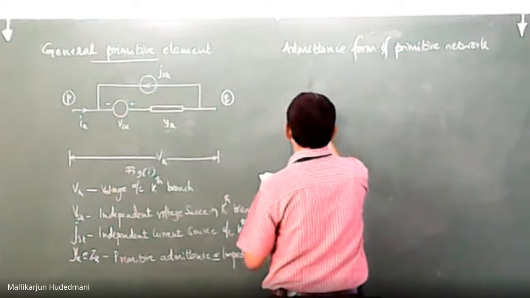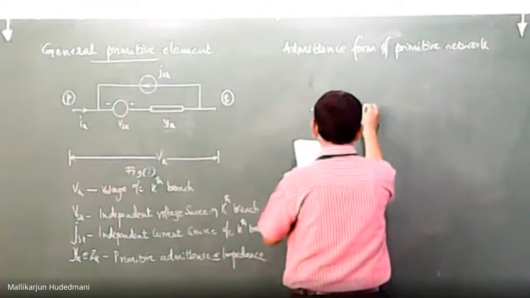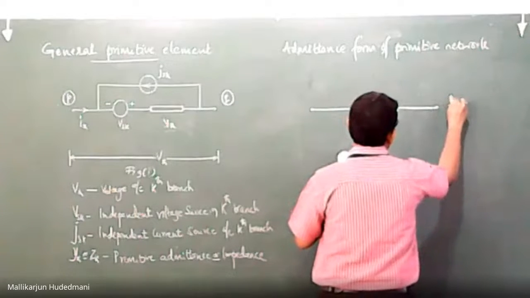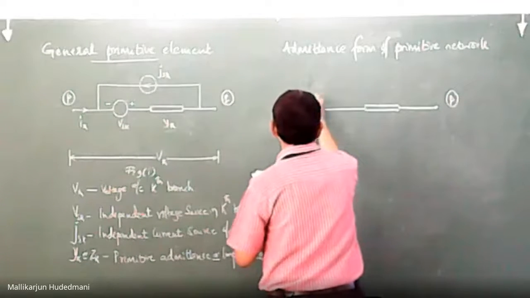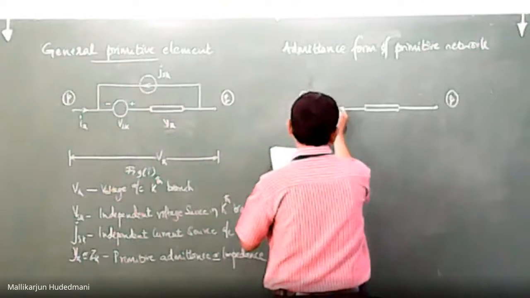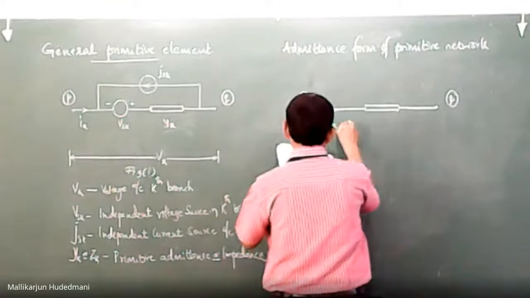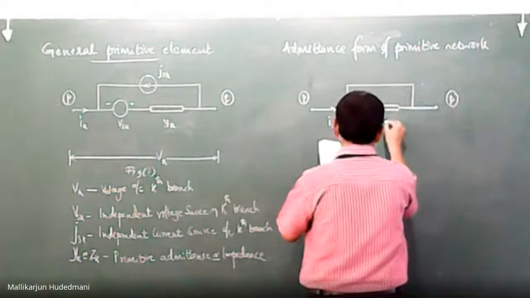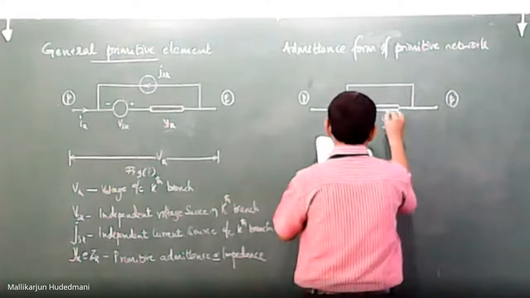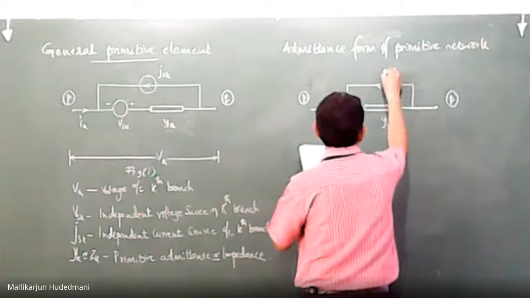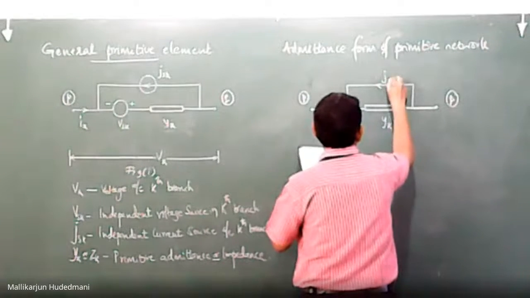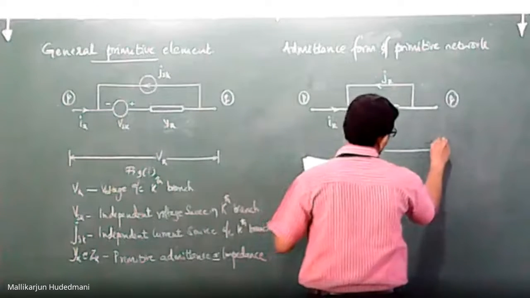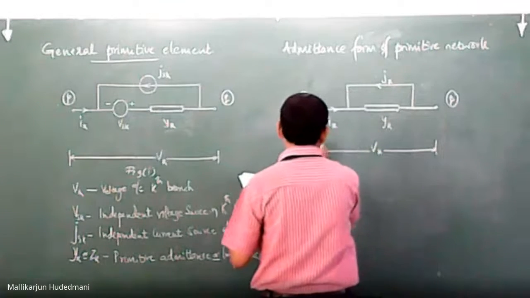Leave to my observation, I'm going to transform this as a generalized representation as P and Q. Then I have Ik, then I have current, then I have Yk, then Jk, then I have Vk between these two.